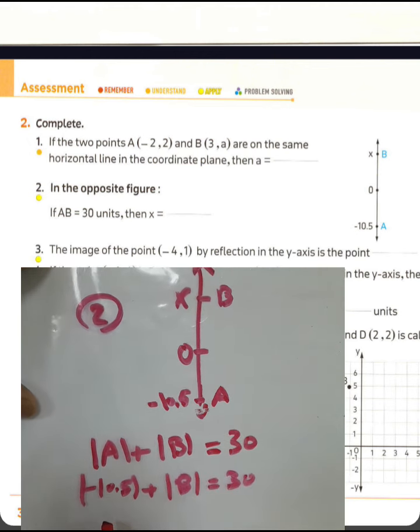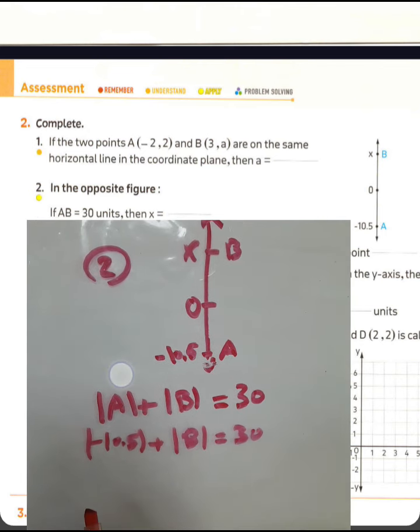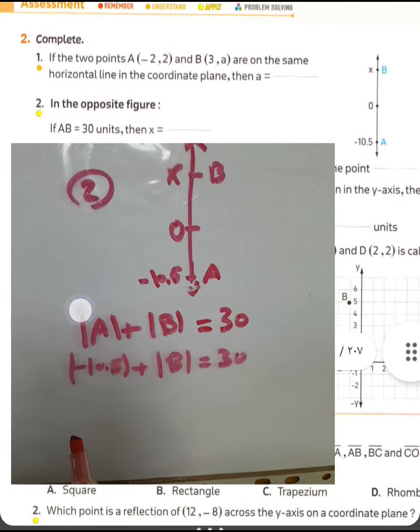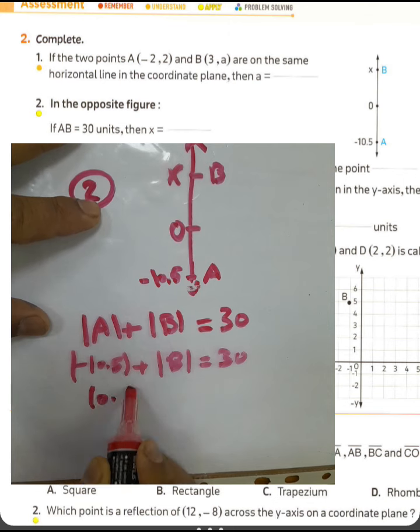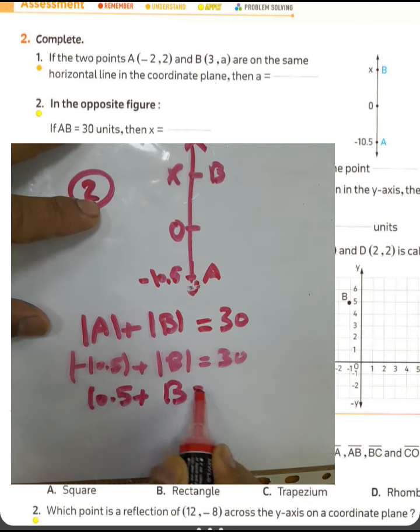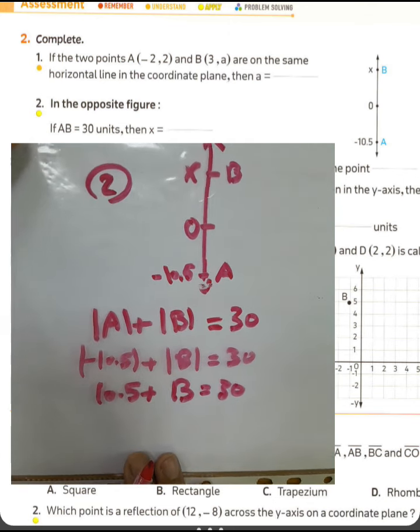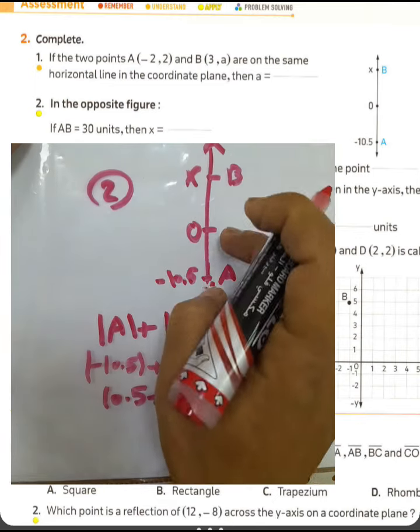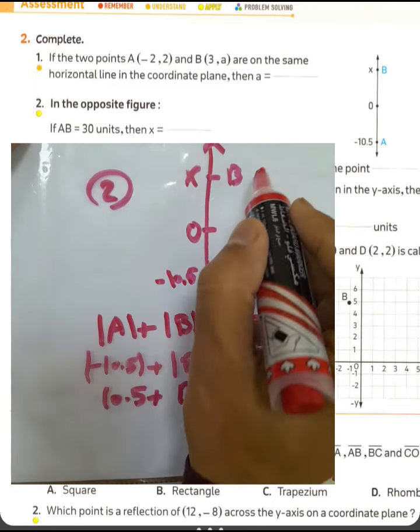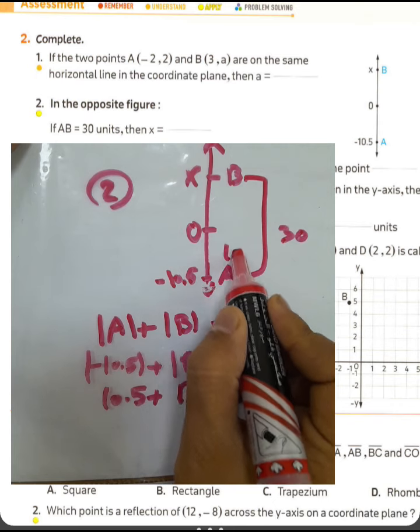Then we can solve this example by finding the result. Here it will be 10.5 plus B equals 30. To find the distance between 0 and B, subtract 30 minus 10.5.